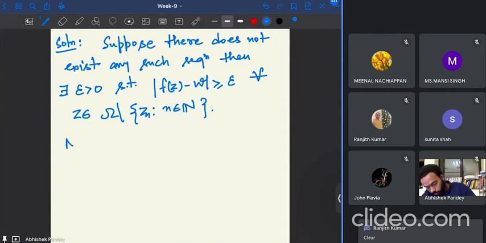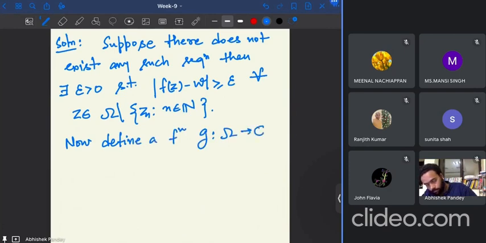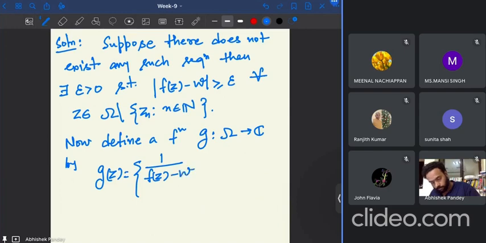So now define a function g from omega to C by, so g of z is basically 1 upon f(z) minus w for every z belongs to omega minus Zn, okay, and 0 when z is equal to Zn.